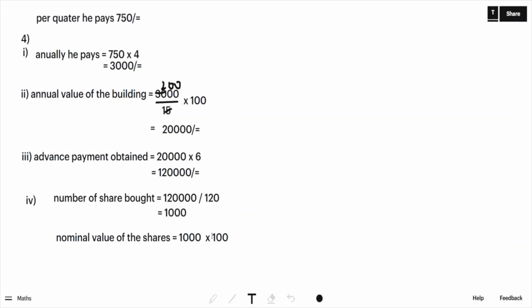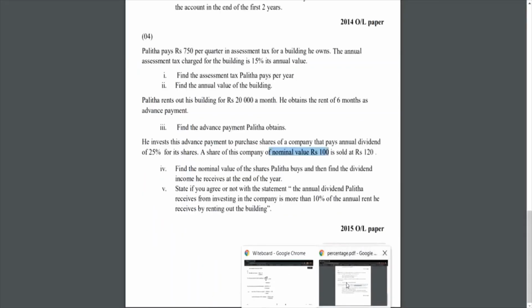The nominal value is 100, but the price he bought is 120. So the nominal value of the shares is equal to 100,000. Fine.